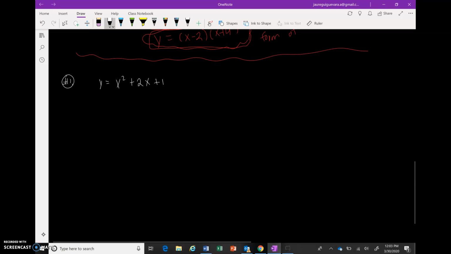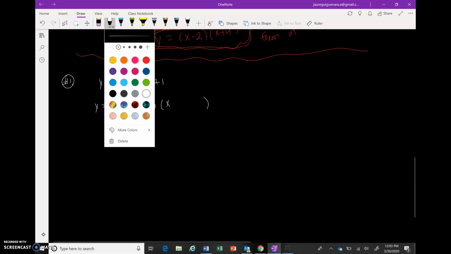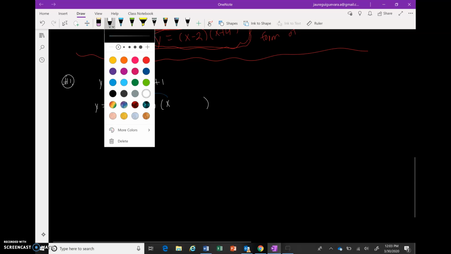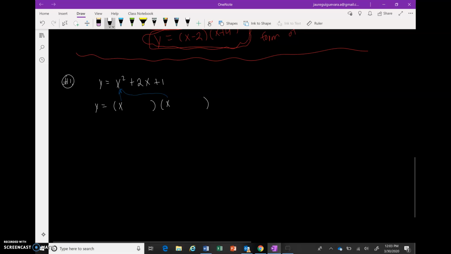Okay, so if I'm going to do this, remember guys, my first thing is to set up my two parentheses. Okay, so x times x will give me x squared. And then, what two numbers here and here will give me 1?